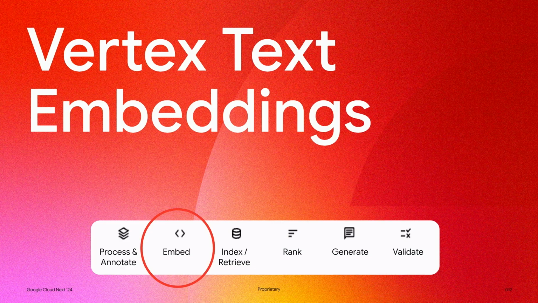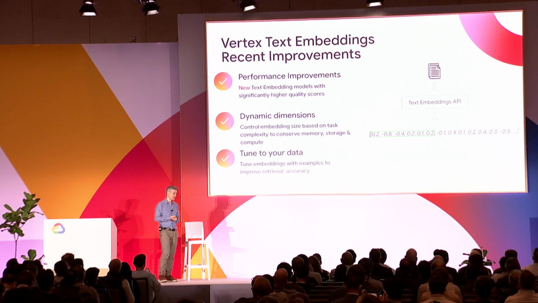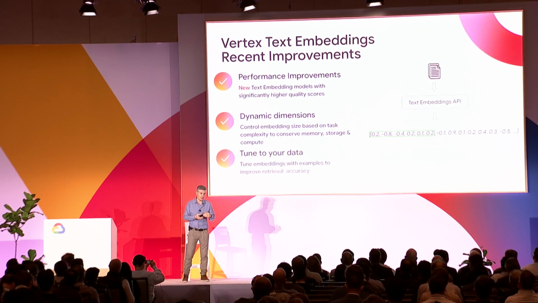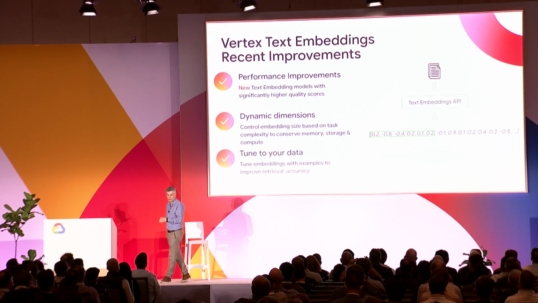So moving now to text embeddings, which is the next step. Normally, after you process the documents, the quality is very important. And today we are announcing some significant improvements in our Gecko embeddings. There are significant performance improvements. The updated models are now featuring towards the top of the corresponding leaderboards.